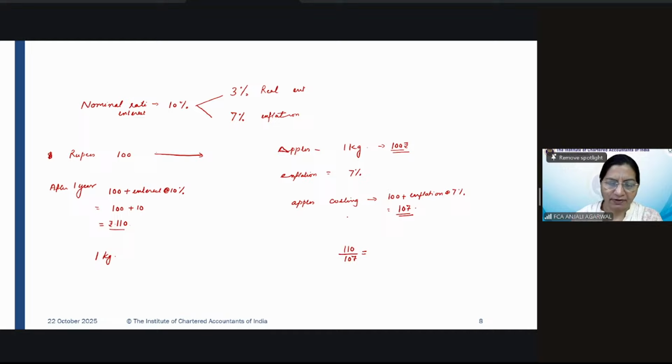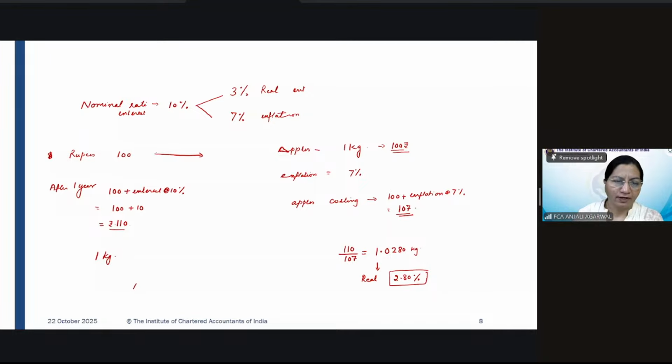So if you divide 110 by 107, you are able to fetch how many? 1.0280 kgs of apples. So your purchasing power has increased from 1 kg to 1.02 in net. So your real gain or real interest rate is 2.80%.